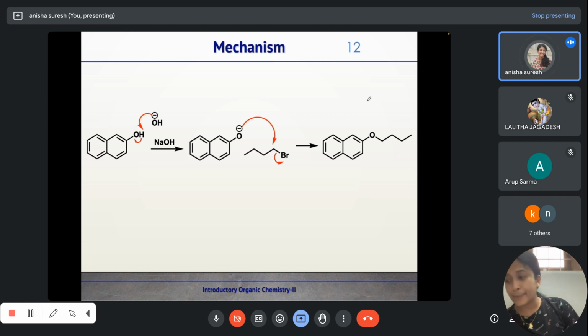Mechanism is clear and simple, right? Any doubts?